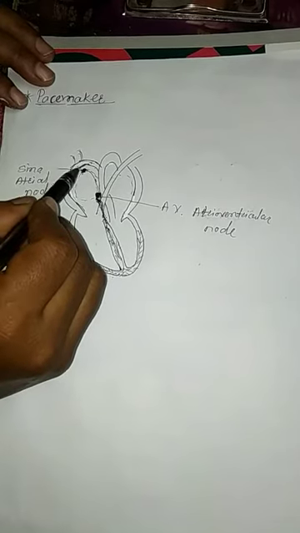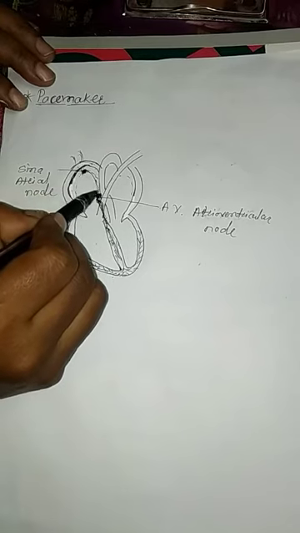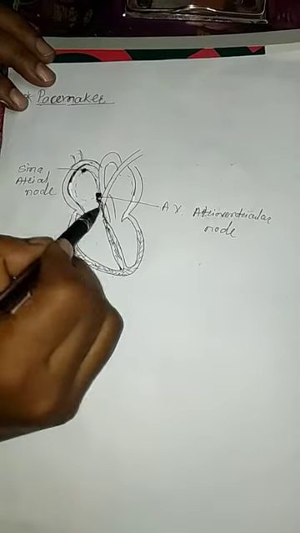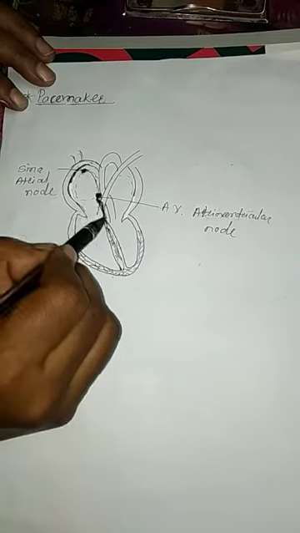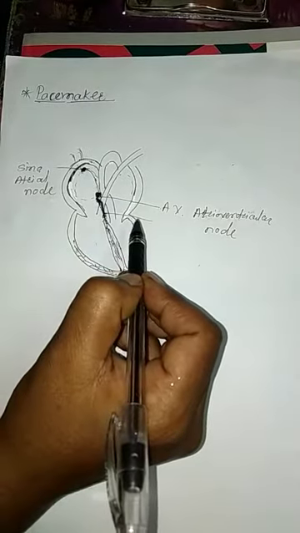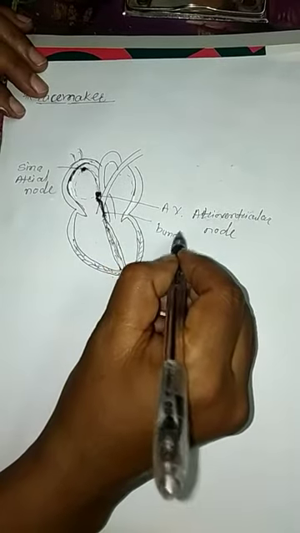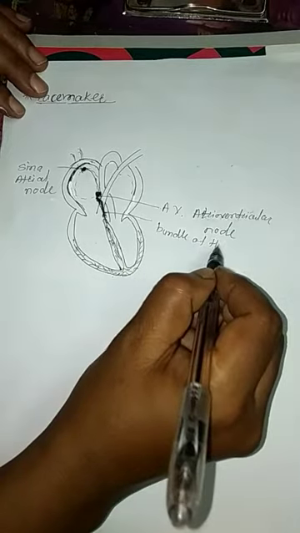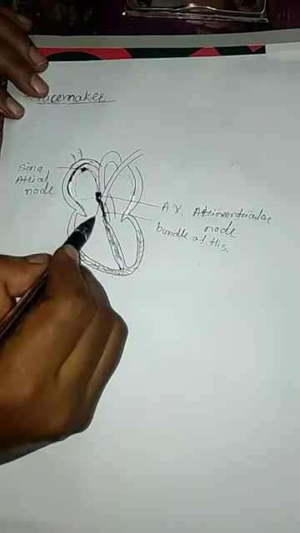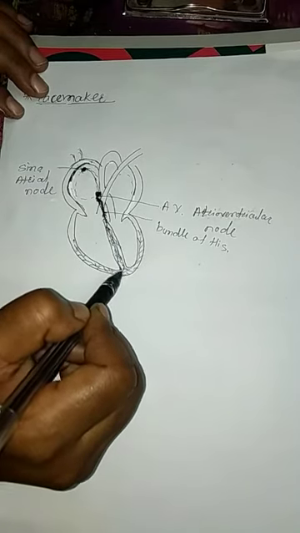The SA node generates the electrical impulses and conducts them to the AV node, and this is a muscle fiber. This muscle fiber means a bundle of muscle fibers. This is called the bundle of His.